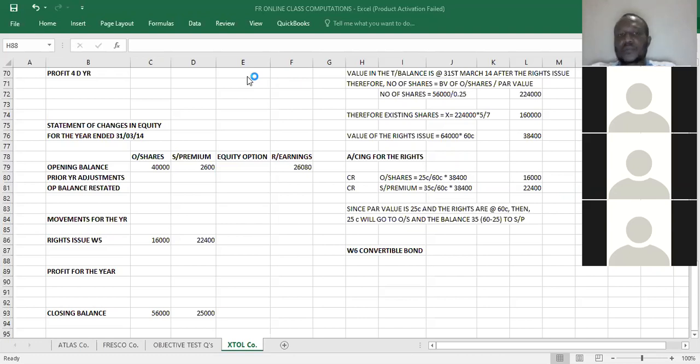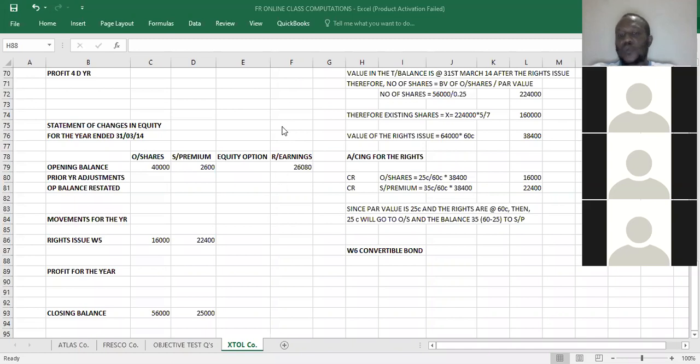We'll compute the present value of the liability, and then after getting the present value of the liability, we'll get what we call the equity option. The equity option will be the difference between the face value of the bond and the present value of the liability.